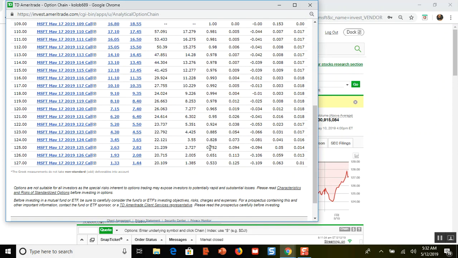So here's a 124 call, and so already you're $1 in the money, right? You bought to open the leap, and you're selling to open a 124, and that's the first time where you actually get a higher delta.